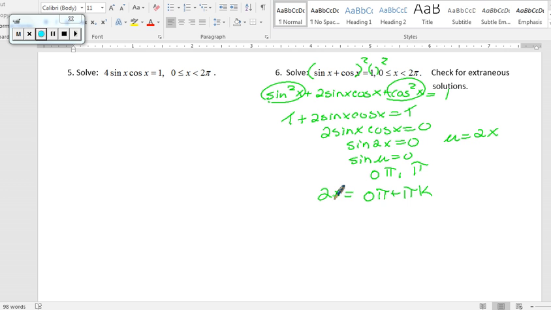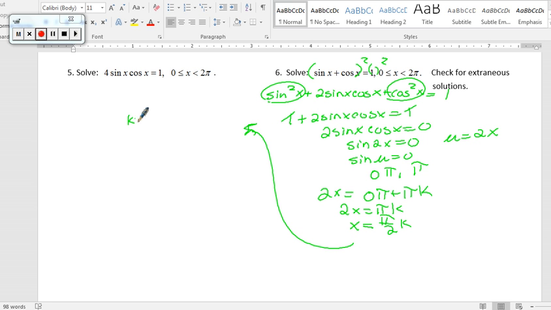Now 0 times pi is just 0, so you wind up with 2x is equal to pi k, and when I divide by 2, I get x is equal to pi over 2 k.